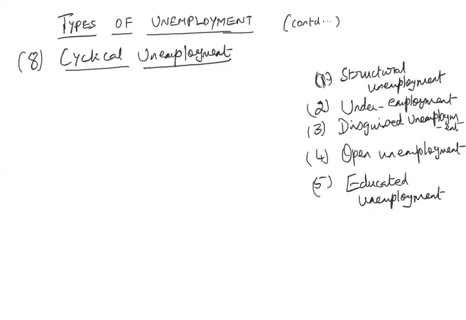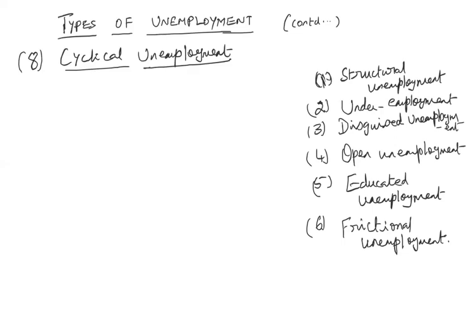Then we also have seen frictional unemployment. Frictional unemployment arises because of imperfections in the labor market, and also because both the employers and employees do not know the proper job opportunities in the country, where they are available, suiting the skills and requirements.